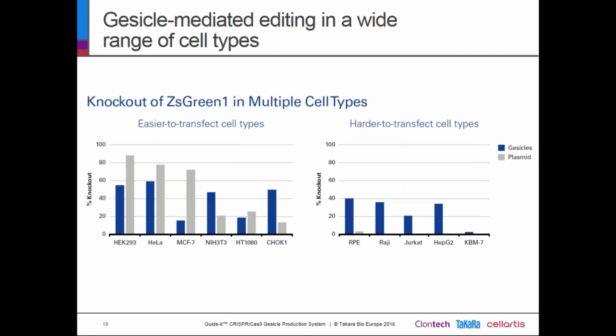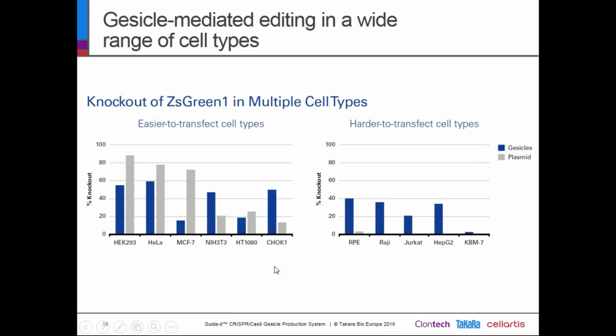So we tested Gesicles with a ZS green knockout in various cell types. On the left you can see easy to transfect cell types, and we compared directly to plasmid transfection, which are the gray bars. And on the right you can see harder to transfect cell types.